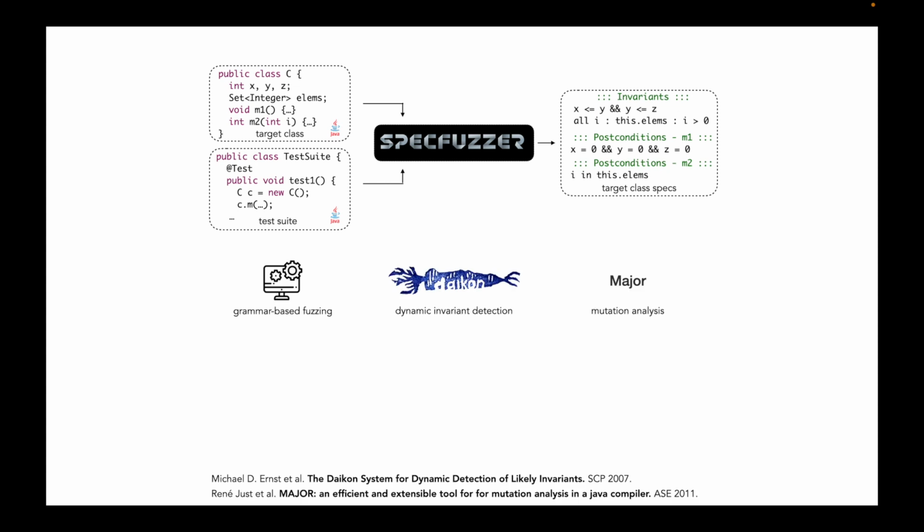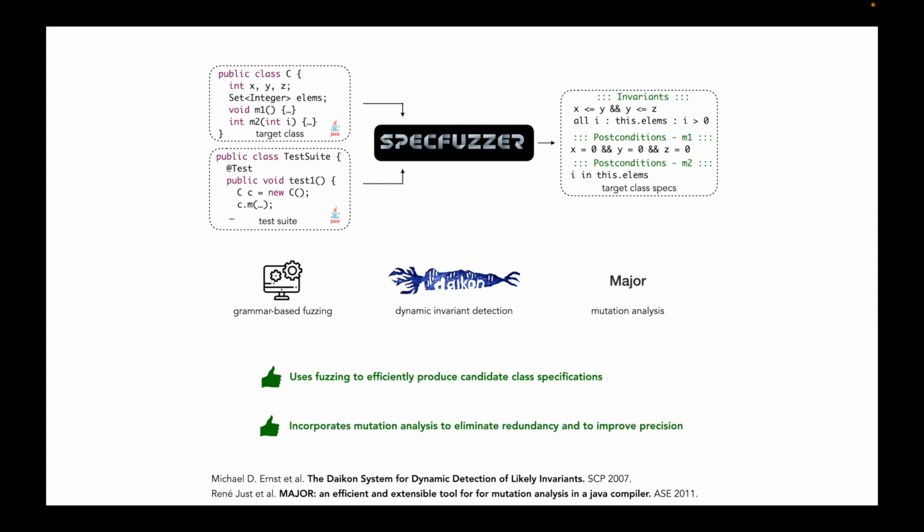The approach uses a combination of grammar-based fuzzing to produce candidate assertions, dynamic invariant detection to determine those that are likely to hold, and mutation analysis to discard irrelevant redundant ones and report the more relevant. SpecFuzzer uses fuzzing to efficiently produce many candidate class specifications and incorporates mutation analysis to eliminate redundancy and to improve precision.